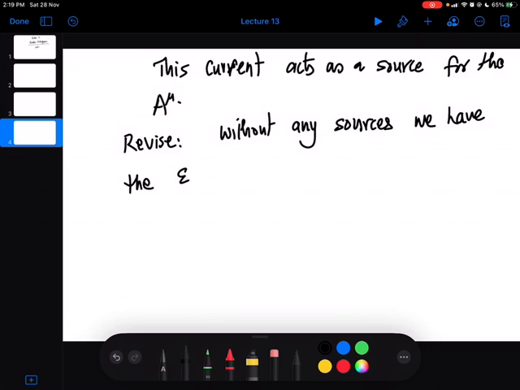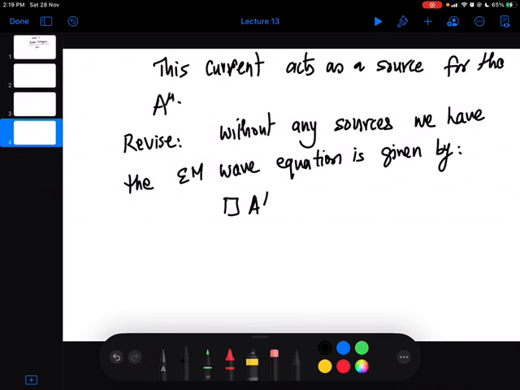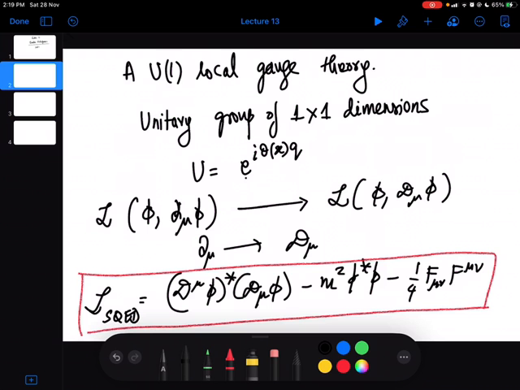The EM wave equation is given by box A mu is equal to 0. But the equation which comes out here, because if we start with this particular setup, there is a mu sitting here also.